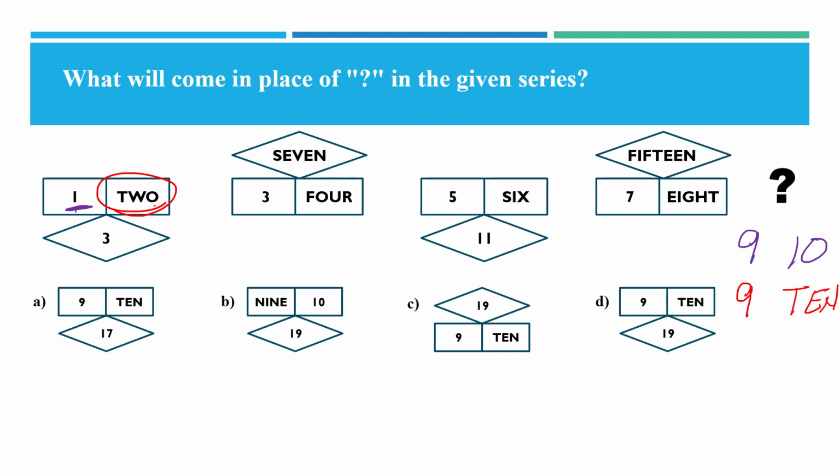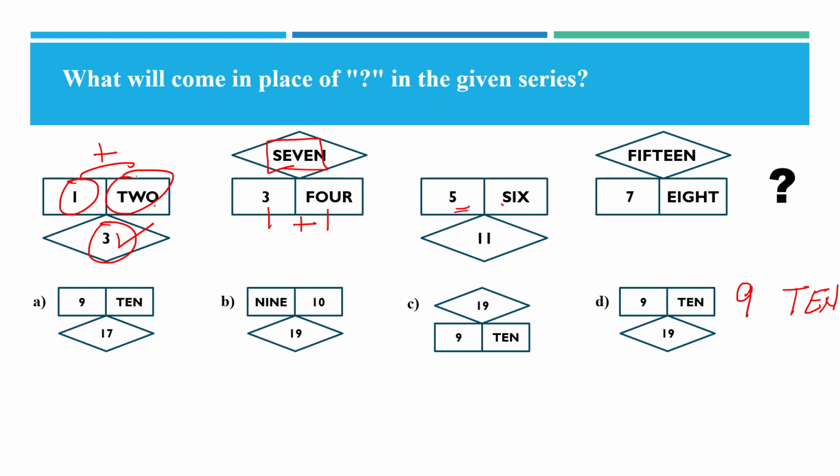Great. We solved the first part of the puzzle, I believe. And the second part is that here I see 1, 2, 3, which is adding 1 and 2, we get 3. Same here, 3 and 4 added, we get 7.